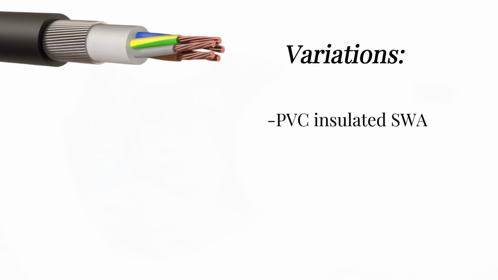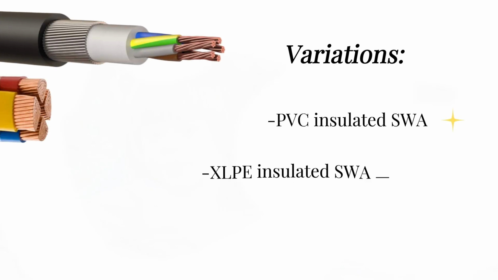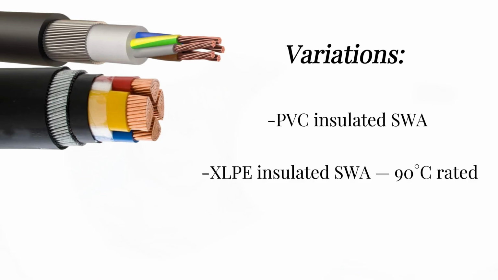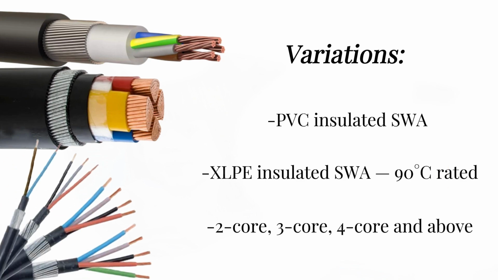But again, there are options. PVC insulated SWA, XLPE insulated SWA, which is 90 degrees Celsius rated, 2 core, 3 core, 4 core and above. If you need a separate CPC or specific earthing arrangement, that changes your core selection.